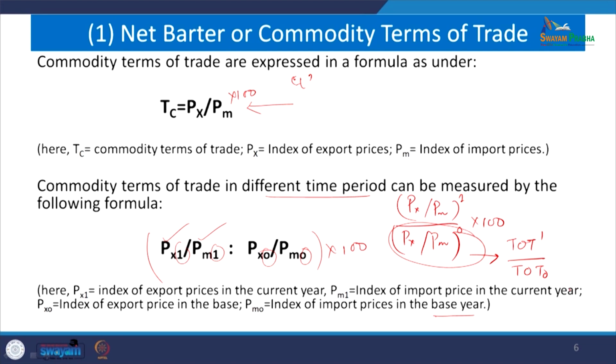If we multiply by 100 here, then the 100s cancel. So, this simple ratio will give you the right result so far as different time periods and commodity terms of trade are concerned. And here net is considered because we are considering the net in terms of the prices. Now, what about gross then? We will talk about that in the next slide.